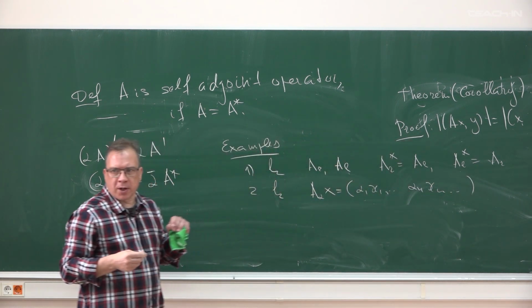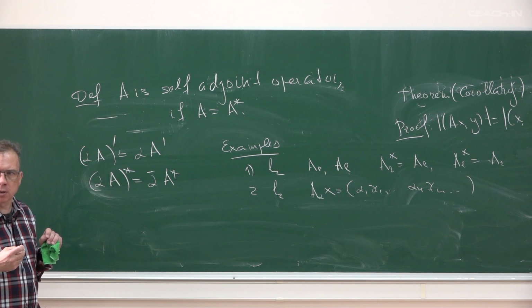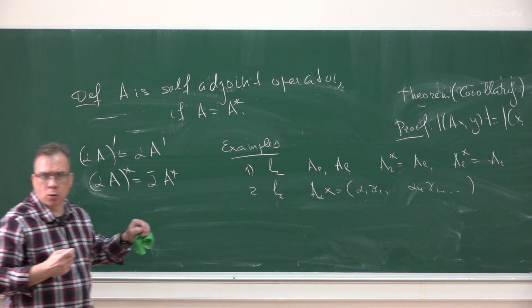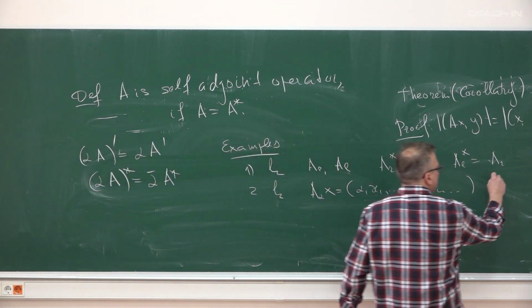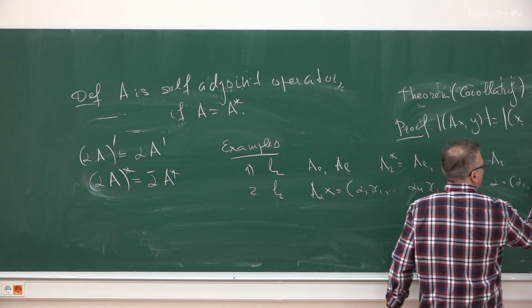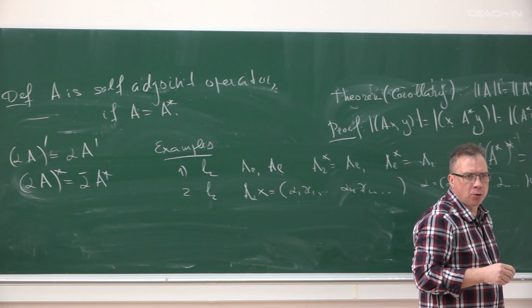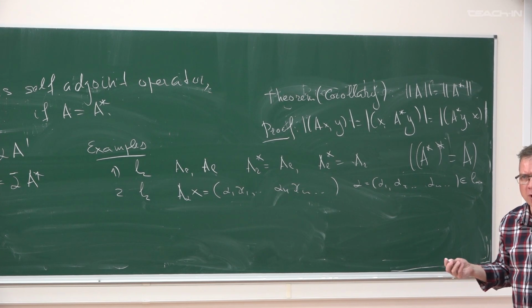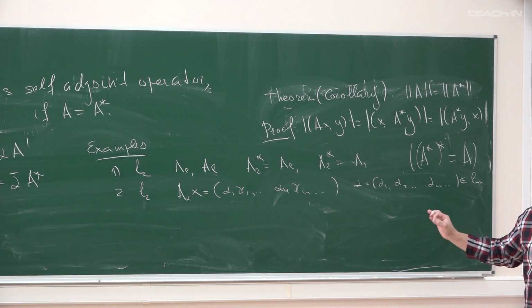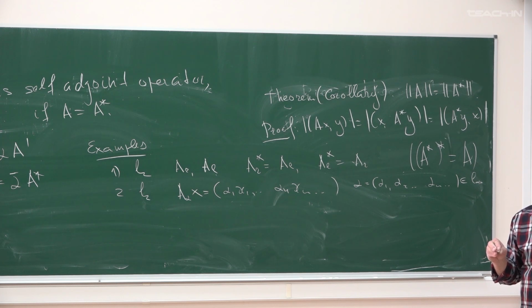What is the adjoint operator for multiplication by a sequence? Alpha is a bounded sequence: alpha 1, alpha 2, alpha n, bounded for boundedness of the operator. What is the adjoint operator for this operator? It is a typical so-called toy example, because it is very simple.